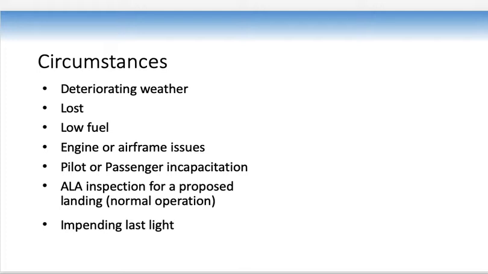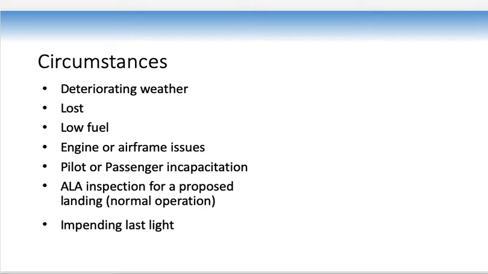So, circumstances or reasons why you need to do a precautionary search and landing. There could be deteriorating weather, and there could be non-VMC weather around you in all directions. It could be a low fuel state, where you won't make it to your home airport. Being lost and running out of fuel sort of go hand in hand.